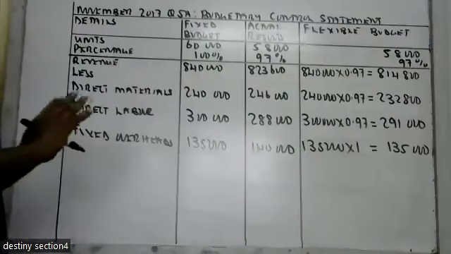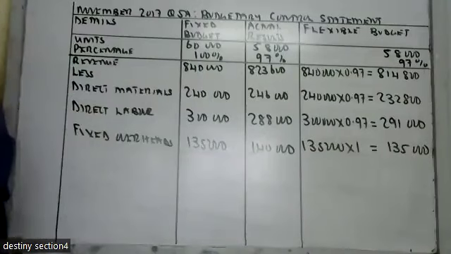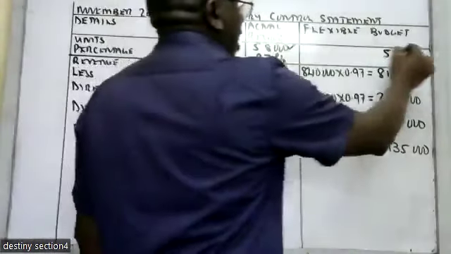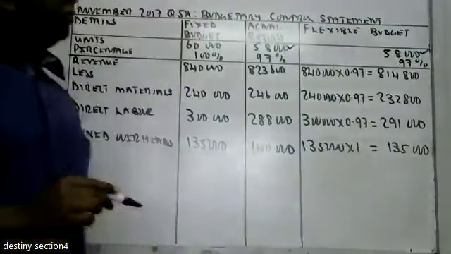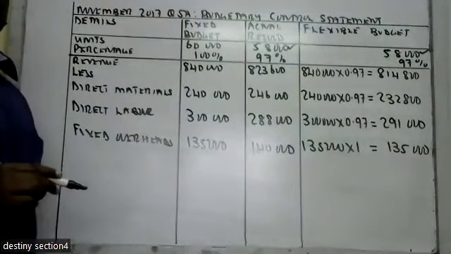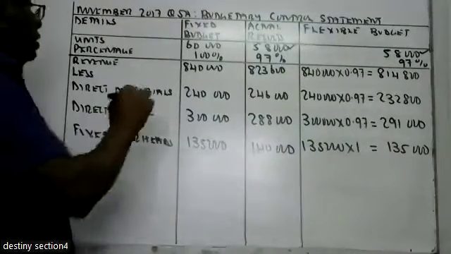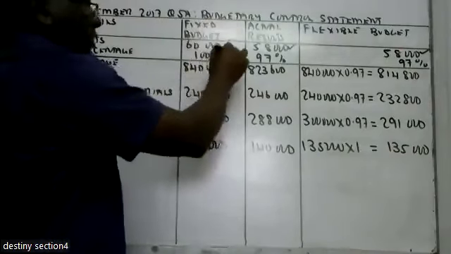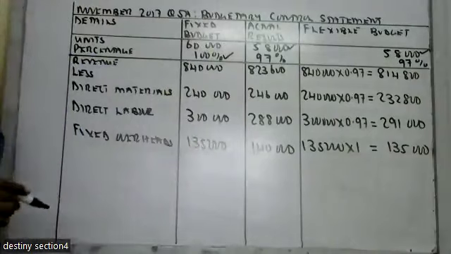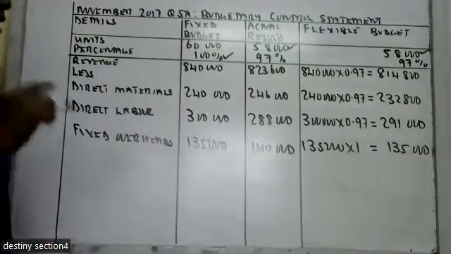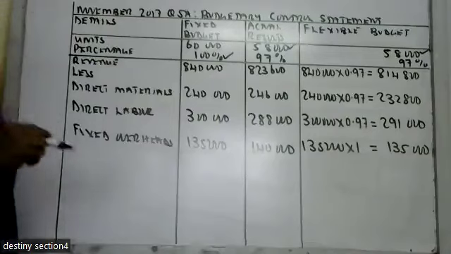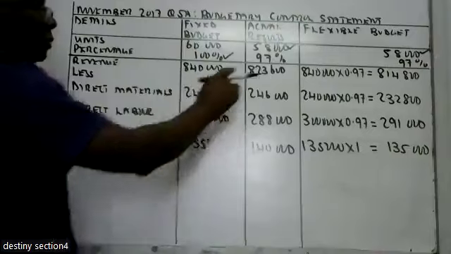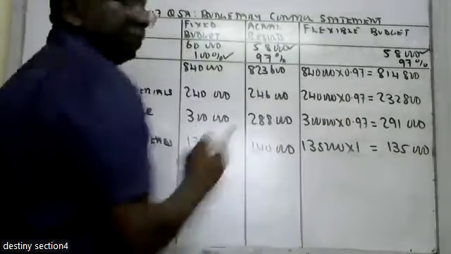If you look at how to tengeneza your budget, there are several things. The first thing is that the units of the actual are the units of the flexible budget. Point number 2 is that the units of the original budget, they are always given 100%. Then anything that is variable in the original budget, revenues and variable costs, they are multiplied by the new percent.